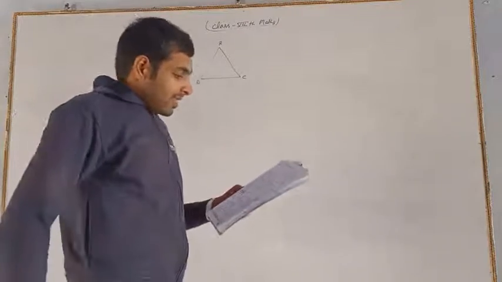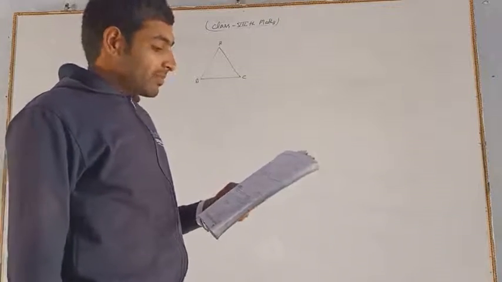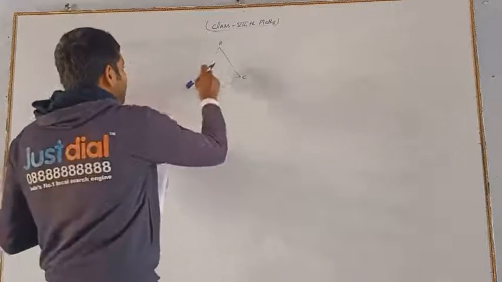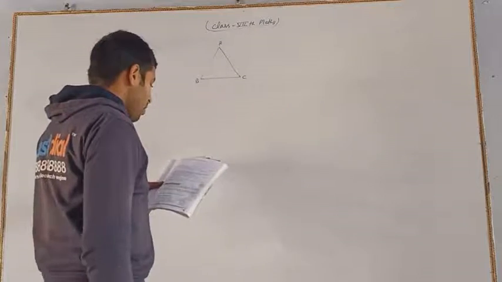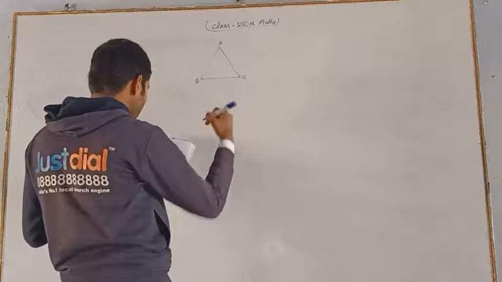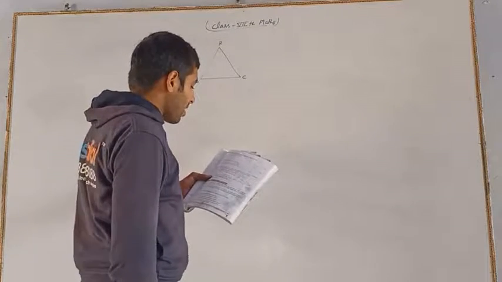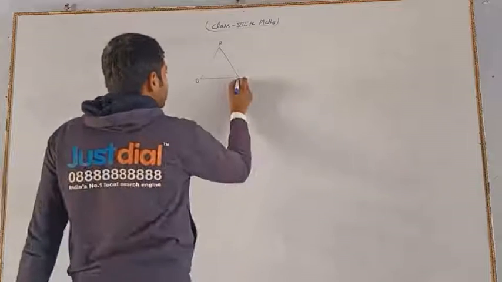Is it possible to construct an isosceles triangle DCB on the other side of BC, if the equal sides DC and DB are of length 3.5 cm each?